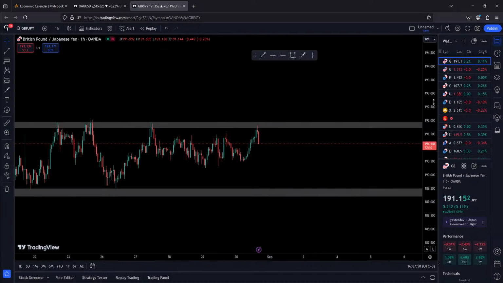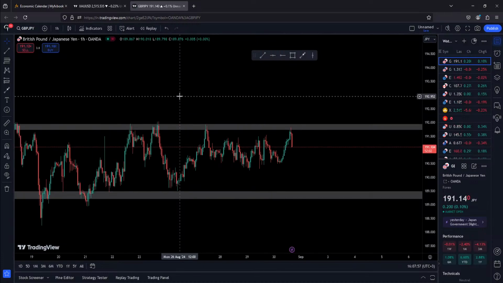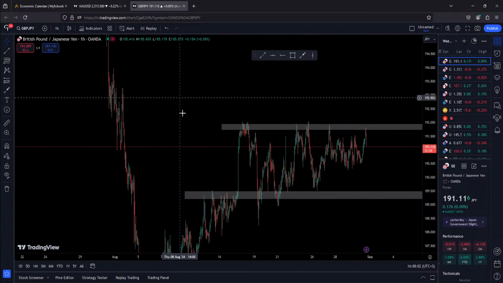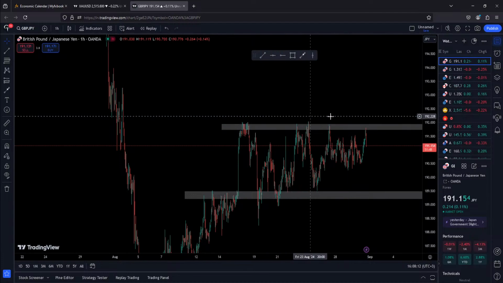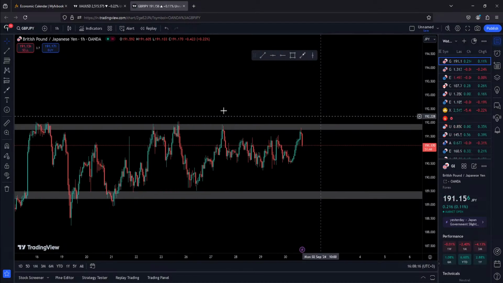Look how beautifully the market is merging up with these support and resistance levels which we have drawn. Okay, so if I need to look for buys in GBP/JPY, then I think 191.820 and above this area will be the point from where I can say that yes, the market is moving up, and I can look for buys.